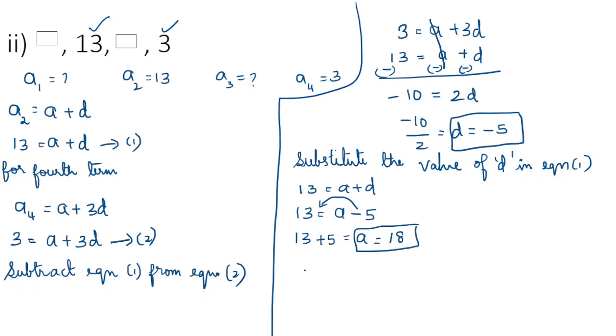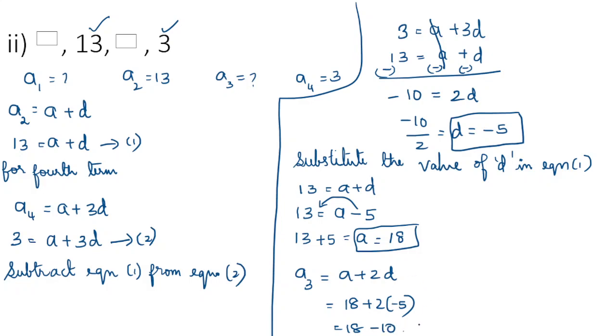Now we have to find A3. A3 can be written as A plus 2D. So A is 18 plus 2 into D value, which is minus 5. So 18 minus 10, 2 fives are 10.